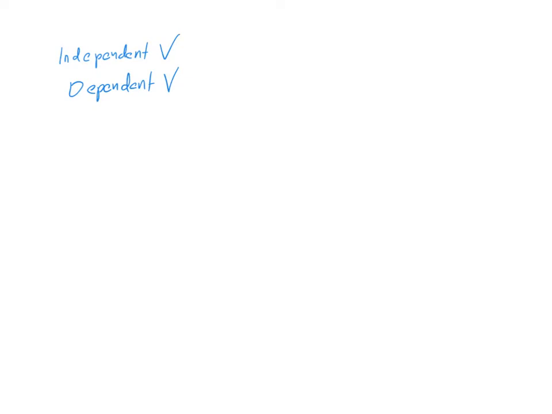You should also know what levels are. You should know what a confound is, and you should know what a control variable is as well. Right, so you should definitely know all of these terms to answer the questions.